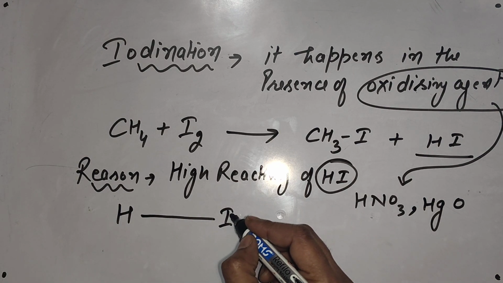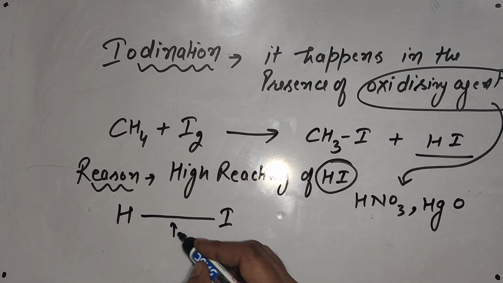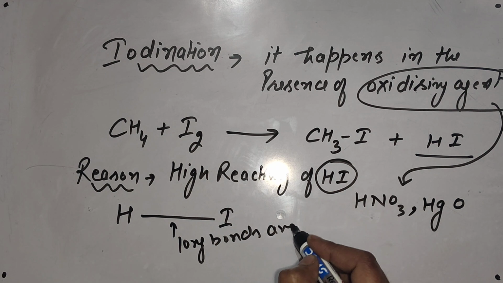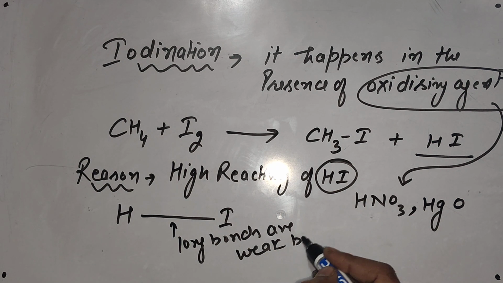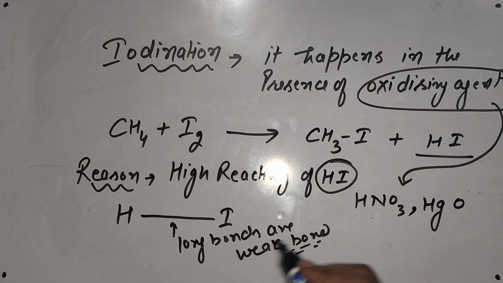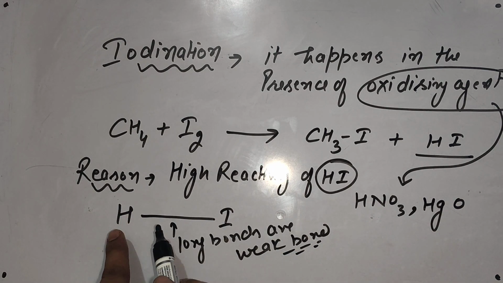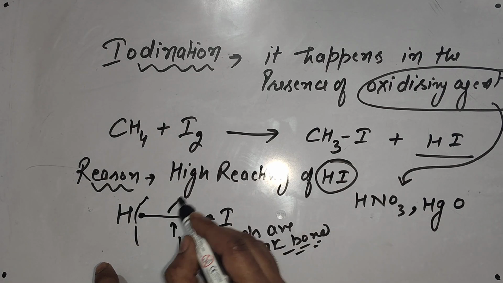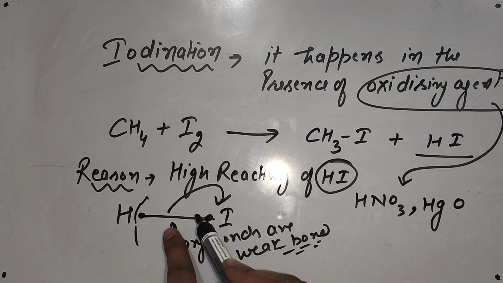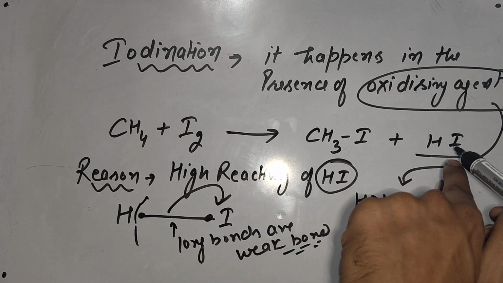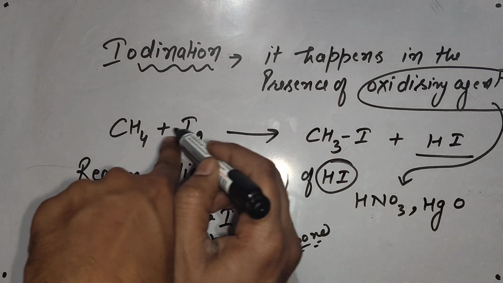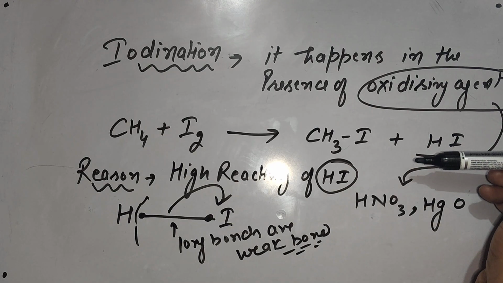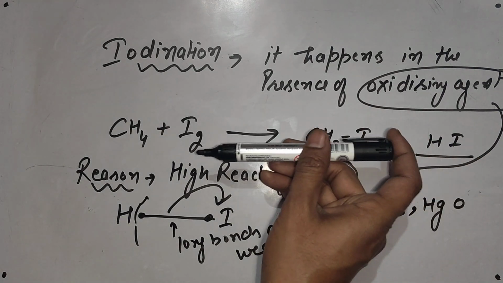Because of the bigger atomic size of iodine. And we know long bonds are weak bonds. So what is happening over there? As HI is generated, the bond will break, and this HI will make this reaction move in the backward direction. Means the reaction will go in the reverse direction.